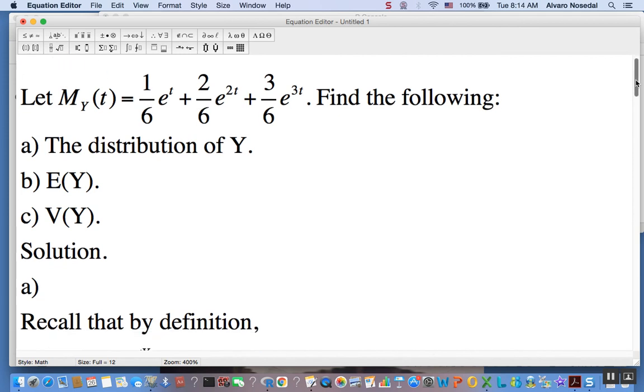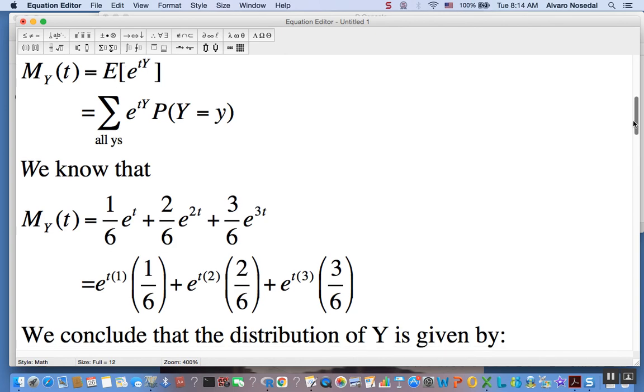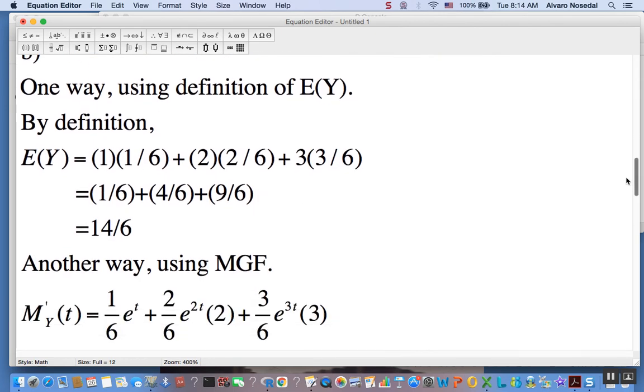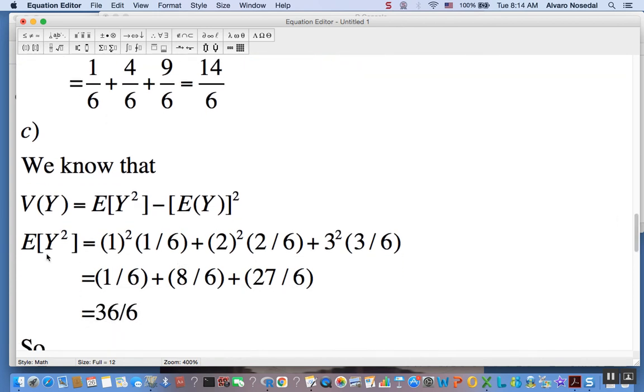And we also know that the MGF could help you find other moments with respect to the origin. So what we found here was the expected value of y squared, or some people refer to that as the second moment with respect to the origin of the random variable y. Okay, so we just used the MGF to find a higher moment with respect to the origin, and that's another application of MGFs.